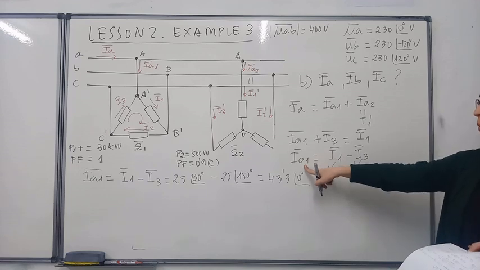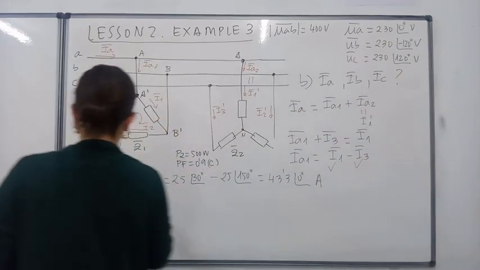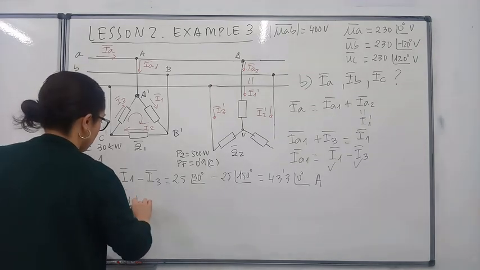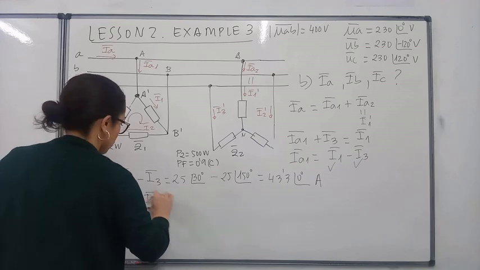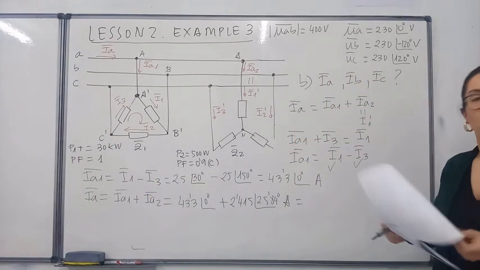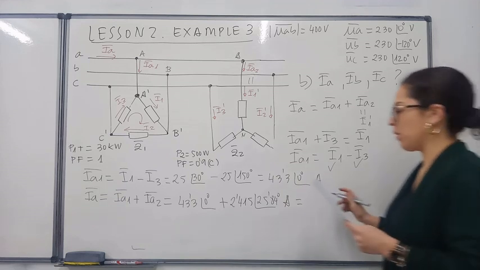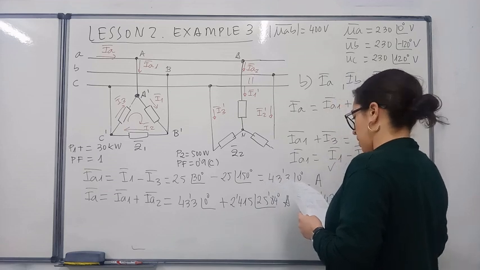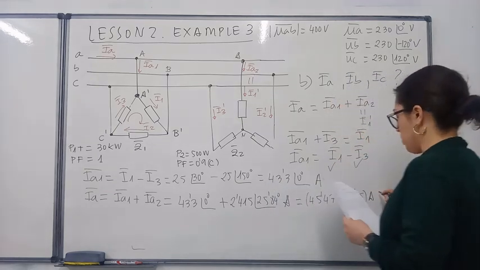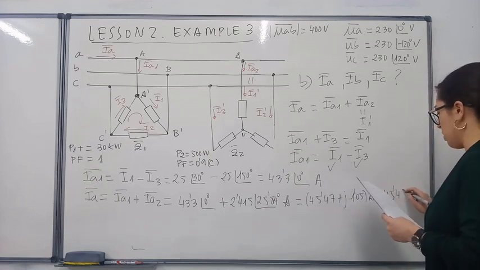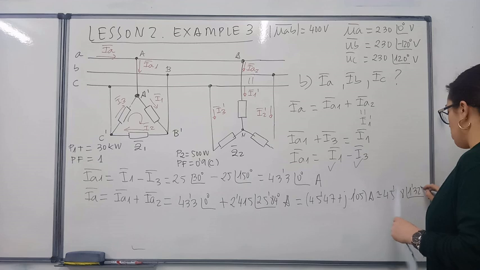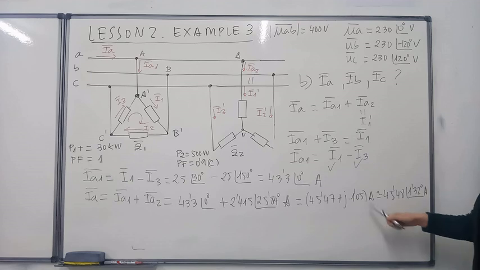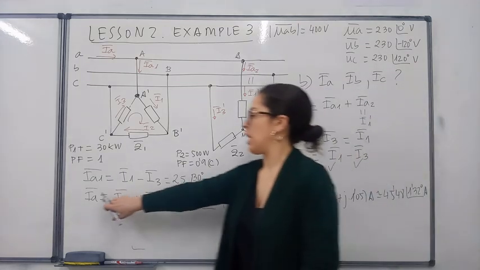After we have current A1, we can get directly current IA, because it will be the sum of current I1 and current I2. The sum of both will be, in binomial notation, approximately this, which is equal to 45.48 at 1.32 amps. So now we have the line current A expressed in polar and binomial notation.